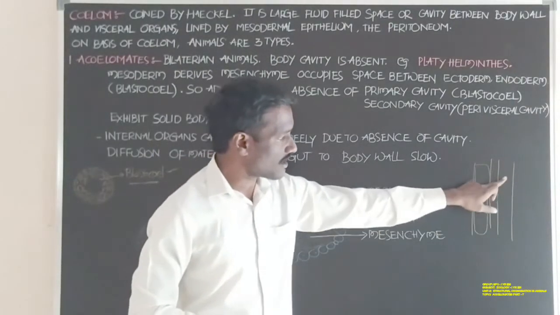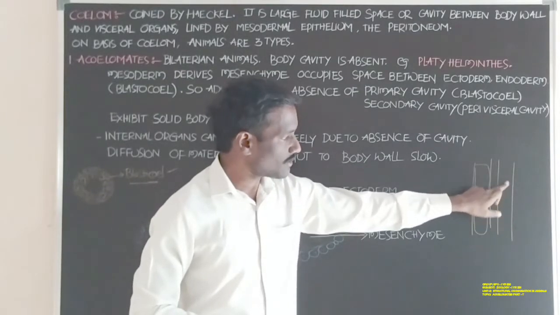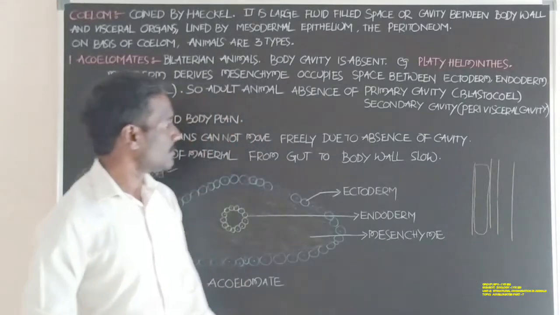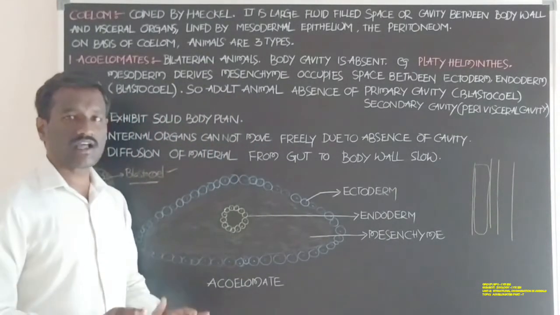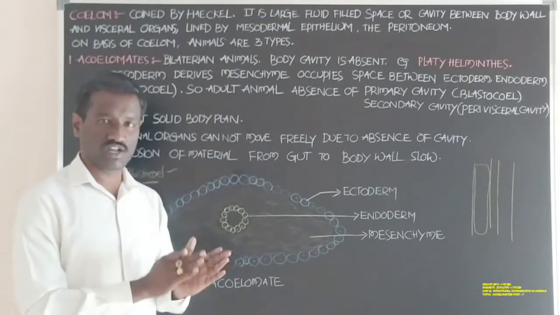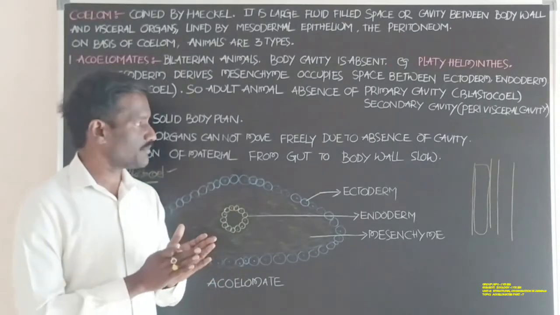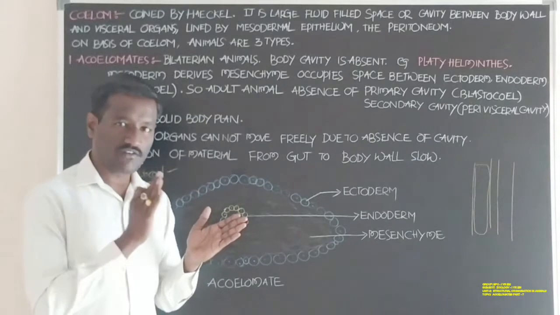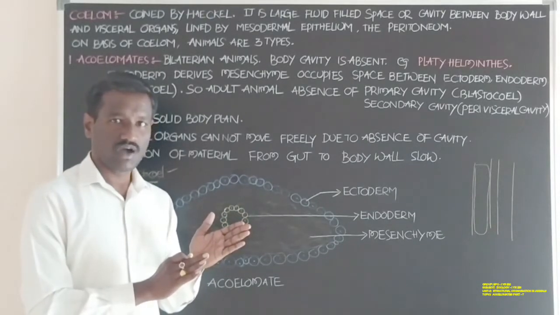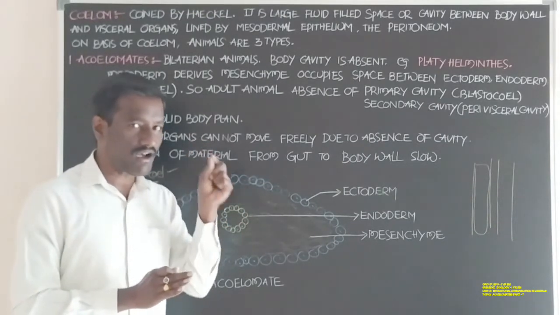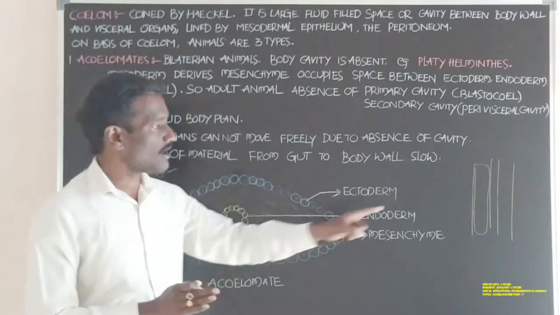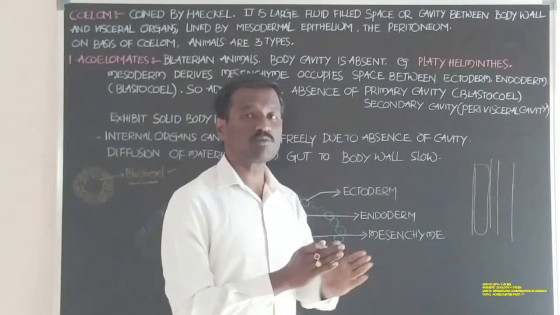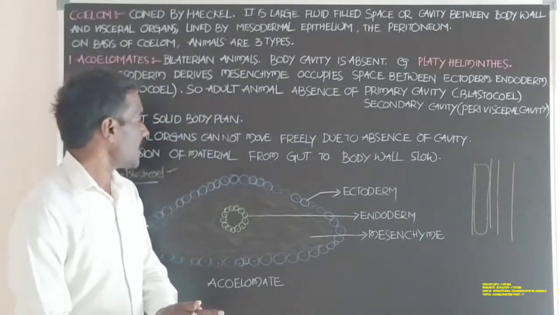Some amount of the organs is located in this place, but the internal organs cannot move freely due to the absence of the cavity. The body cavity is absent, so the internal organs located in this space cannot move freely.